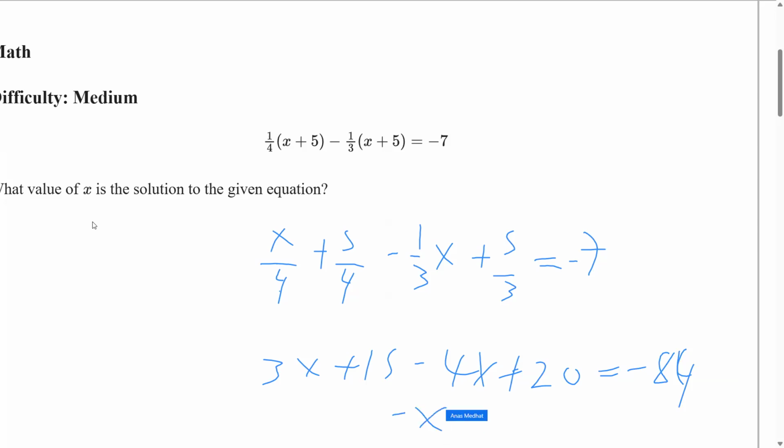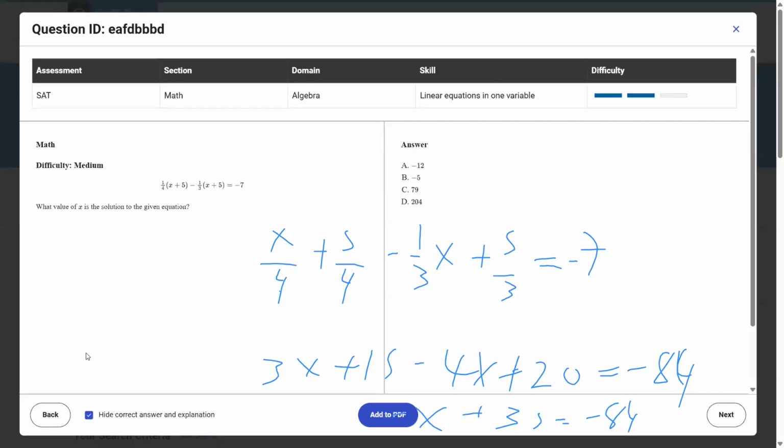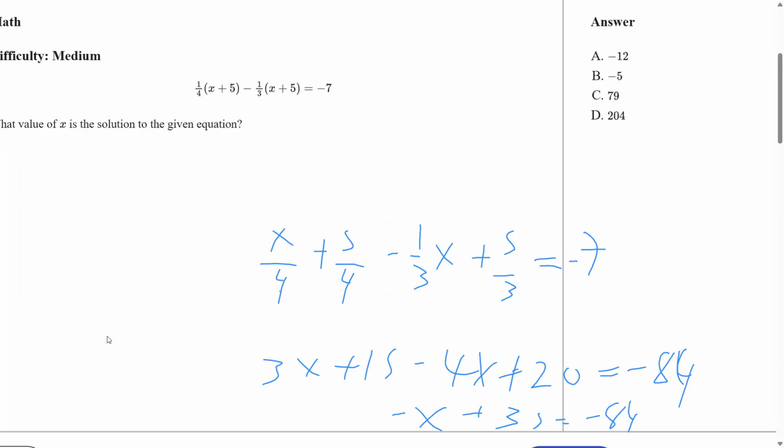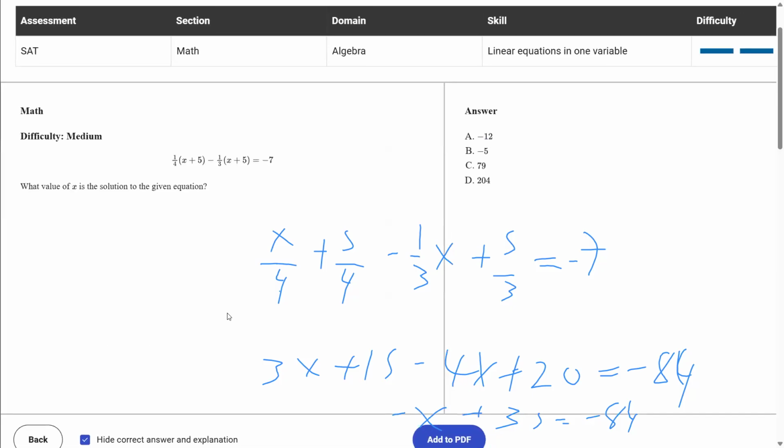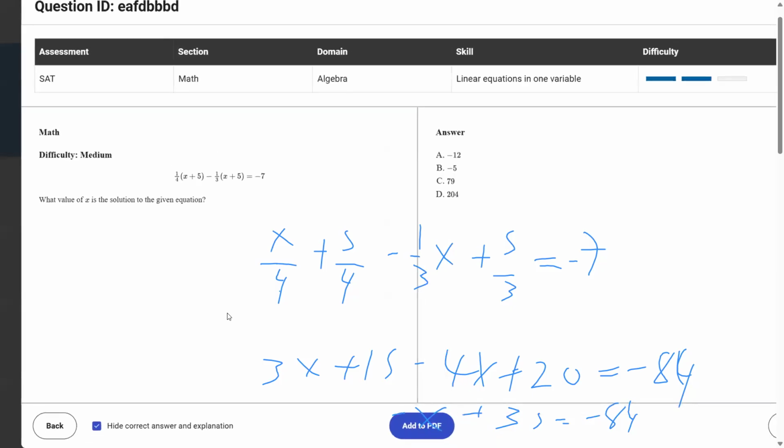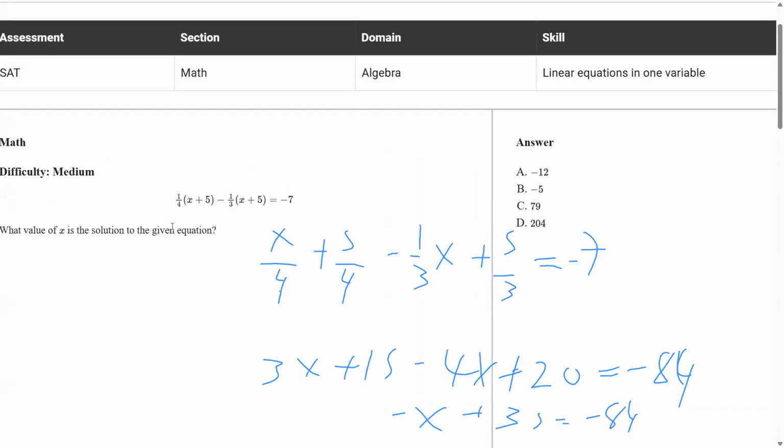Negative 6 plus 35 is 84 minus 119. That's something wrong. Should be 79.